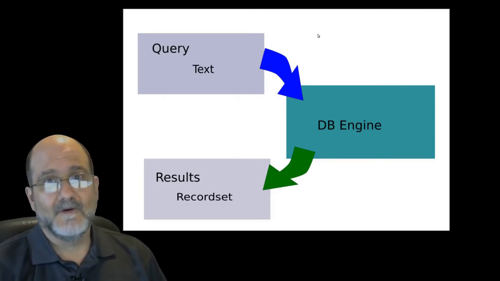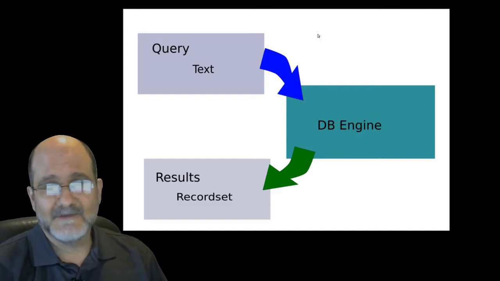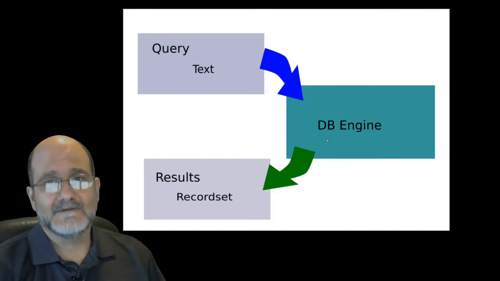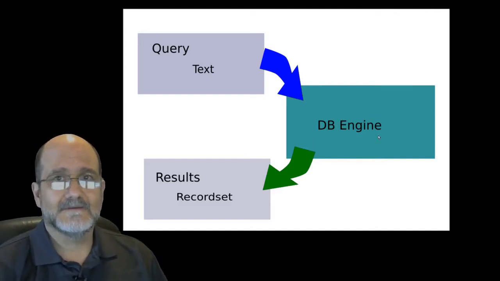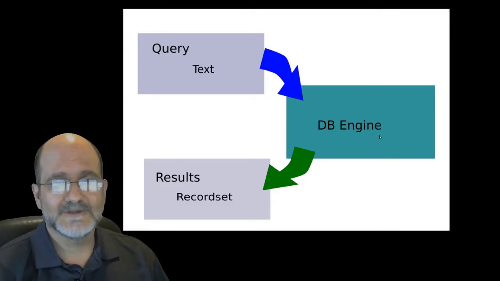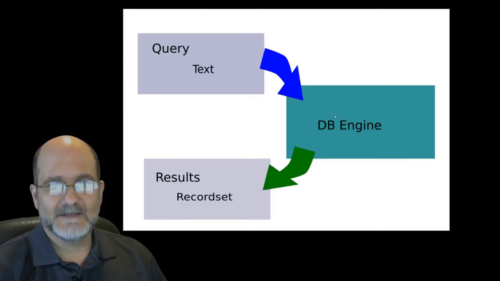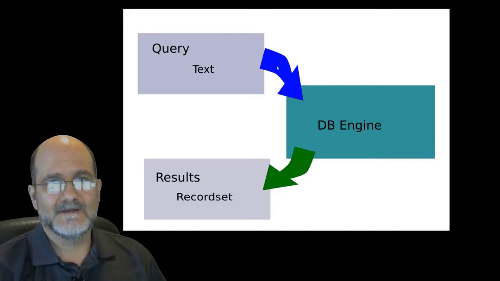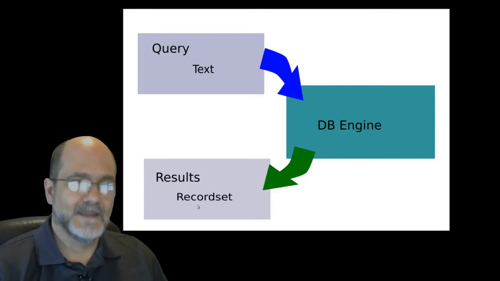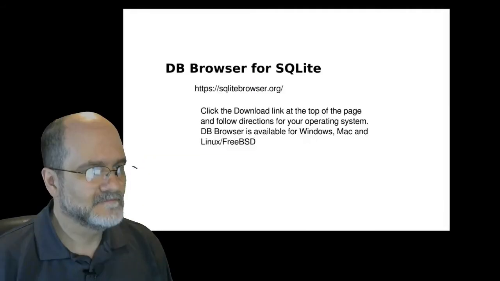You could even go to the command line and just type a query in if you have access to the database engine over a shell or some type of network connection. So the query is written in text, it's passed to the engine, which validates that the query is structured properly, runs the query, and returns the result set.